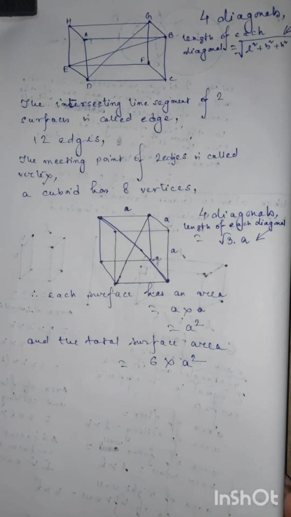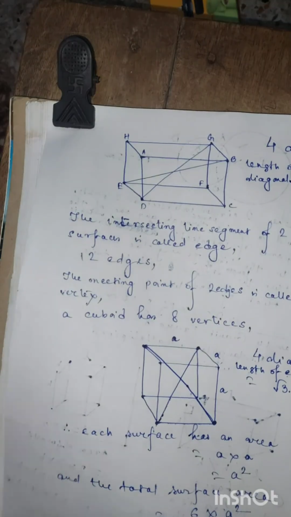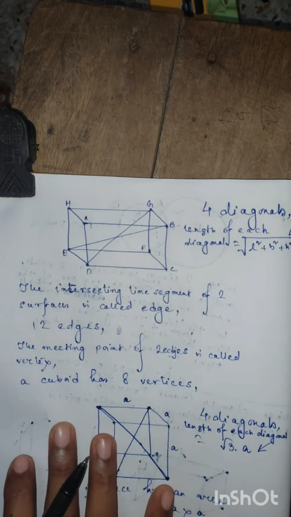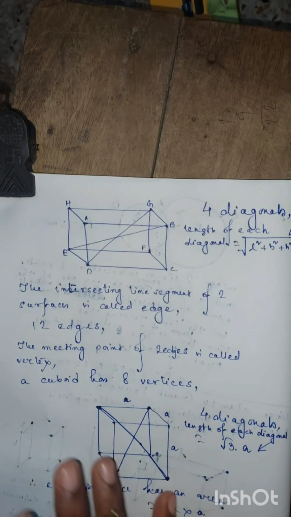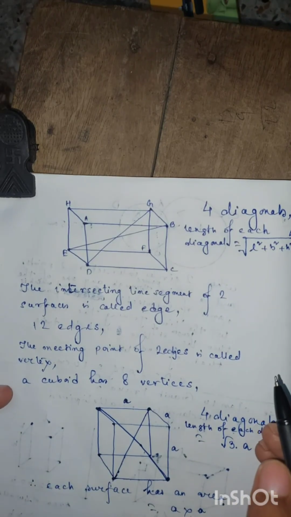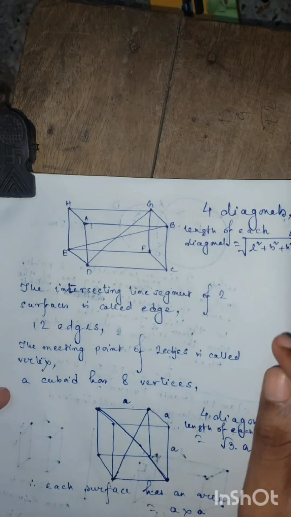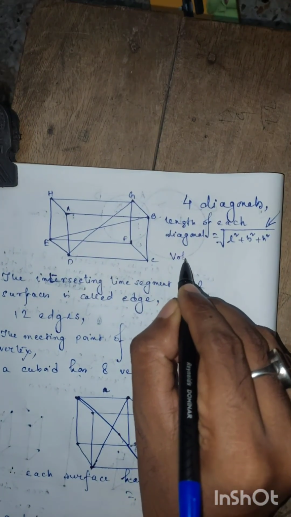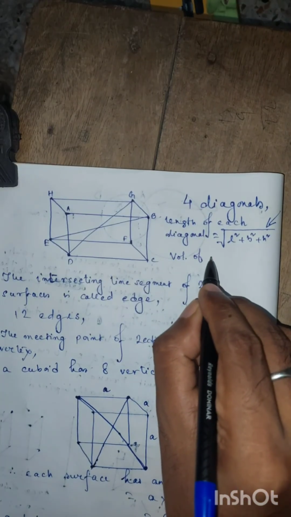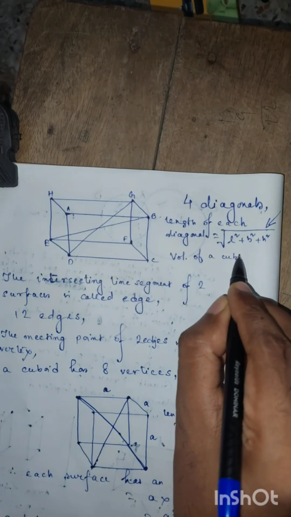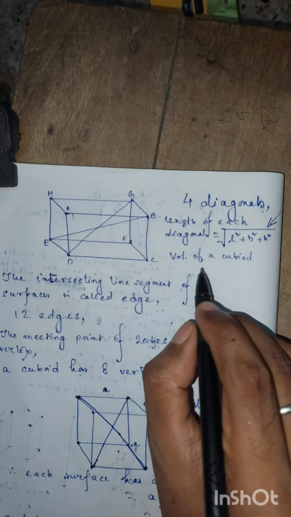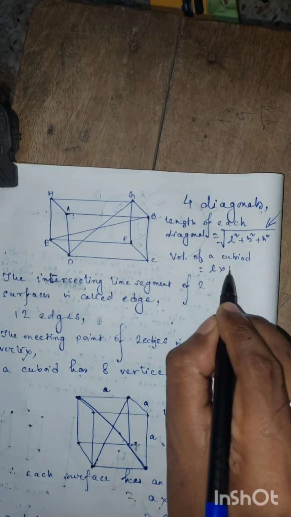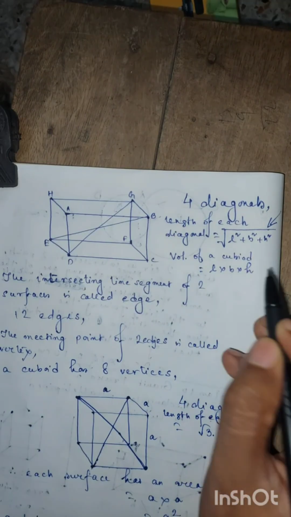Now, volume of a parallelepiped or a cuboid is equal to length into breadth into height.